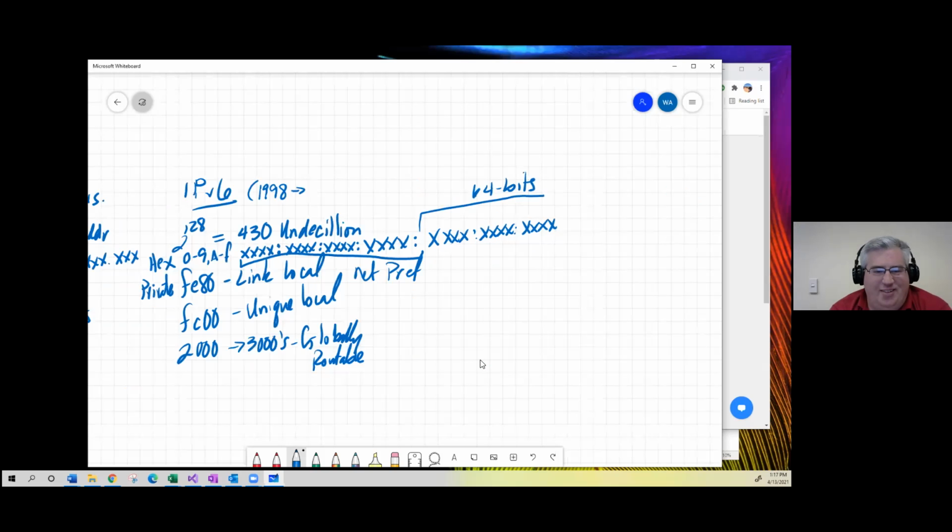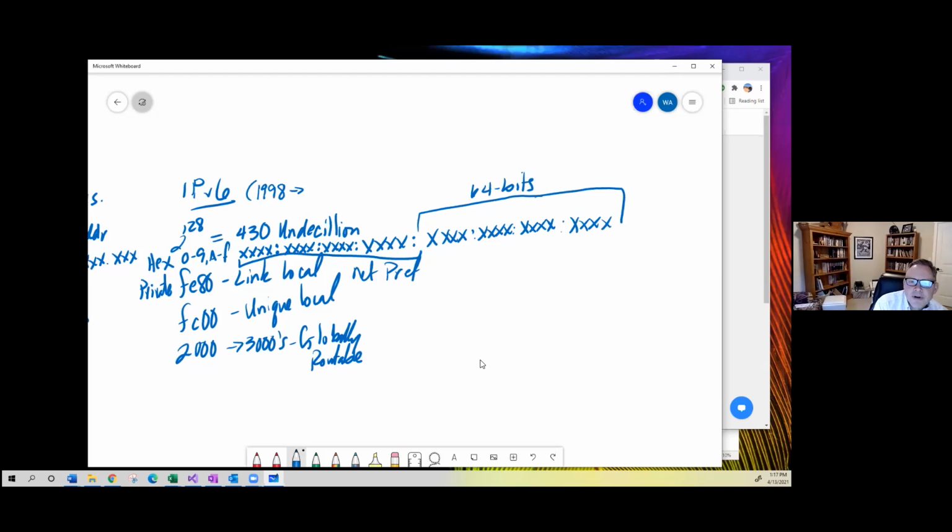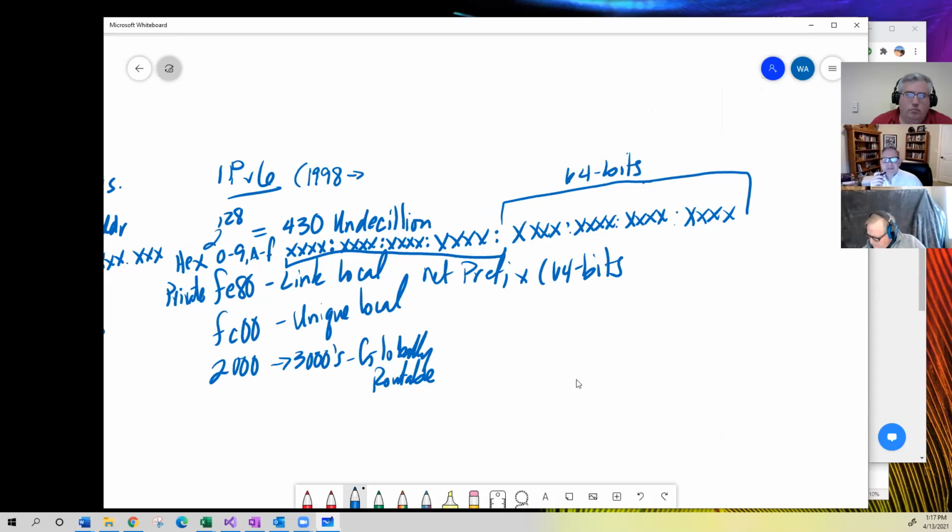All right, so there's your network prefix, and that's the first 64 bits. And the final 64 bits is the actual client ID, or interface ID.